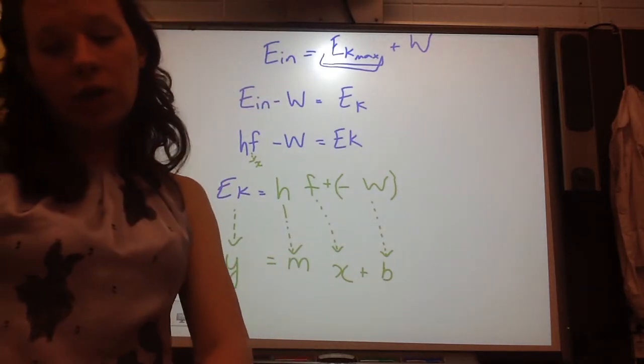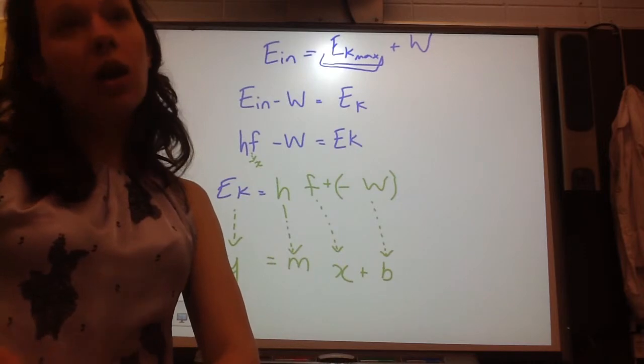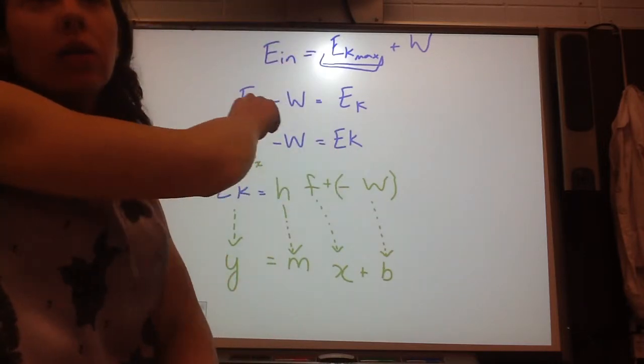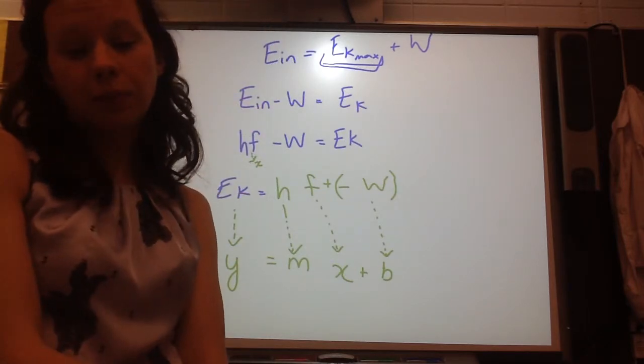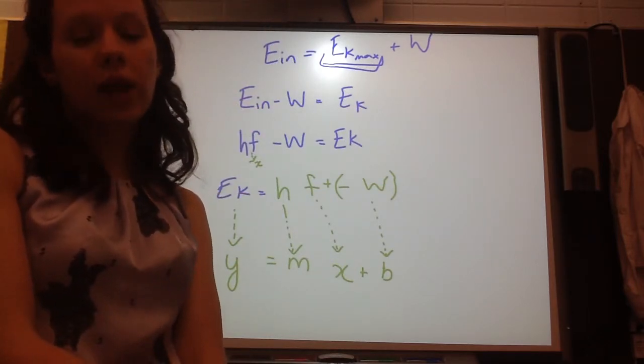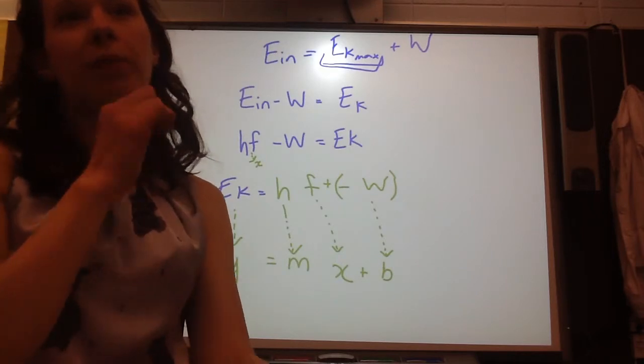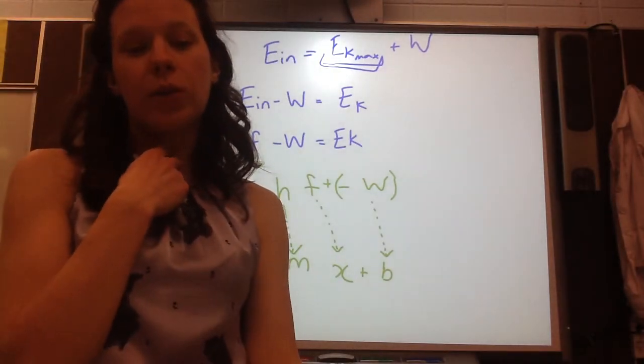If you used a graph of EK versus f, every slope should be Planck's constant. So question 12 is wanting you to identify Planck's constant.